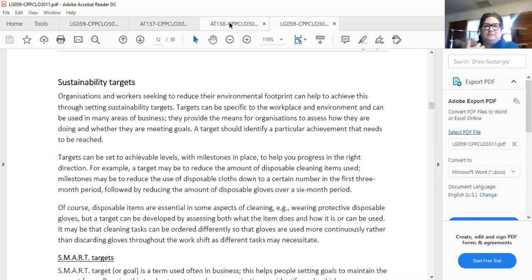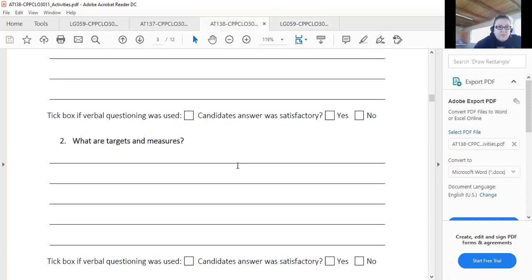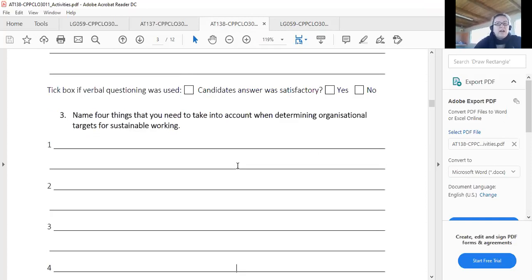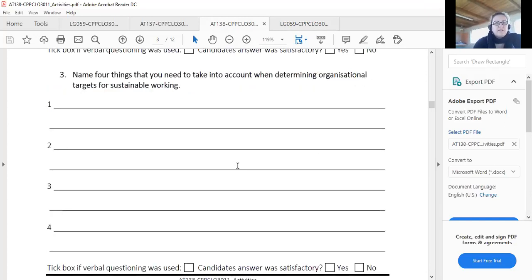All of these questions are, again, in the material, and environmental sustainability is not a hard topic to get your head around as long as you understand the two key differences in Unit 3011 and 3019. One talks about environmental sustainability and one talks about refuse or rubbish, recycling, waste.